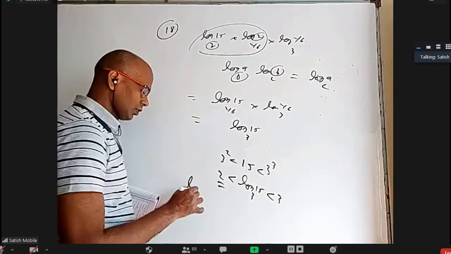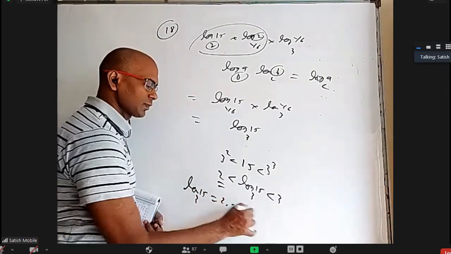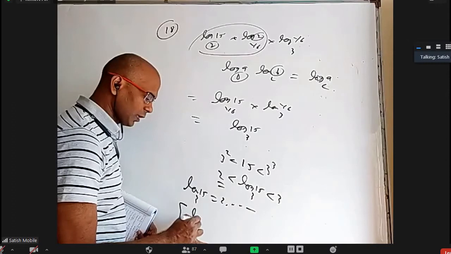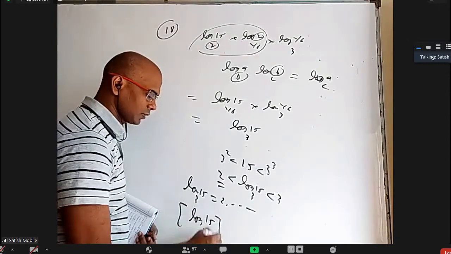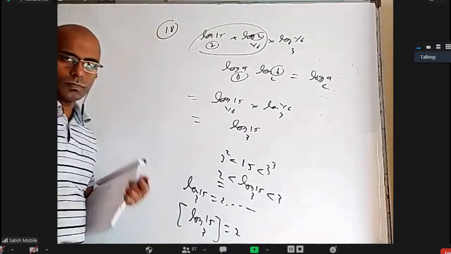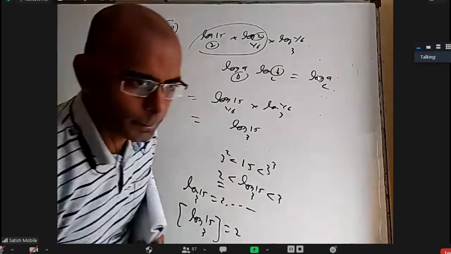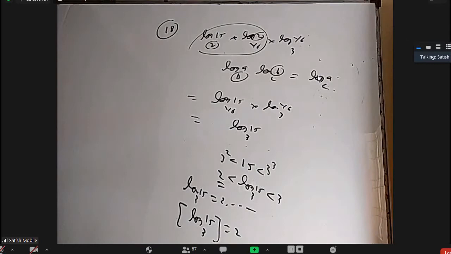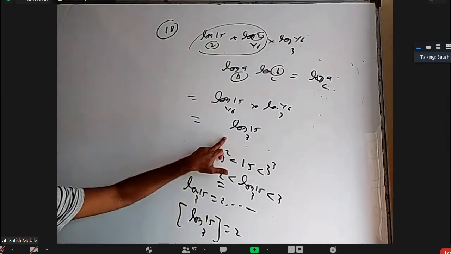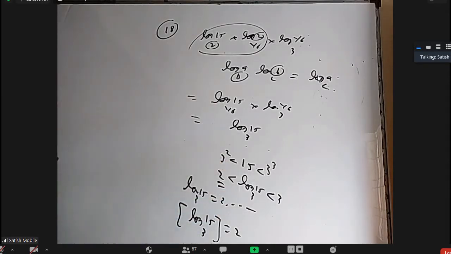So the integer part of log 15 base 3 is 2. So the first part is equivalent to log 15 base 3, then getting an idea of its approximate value.